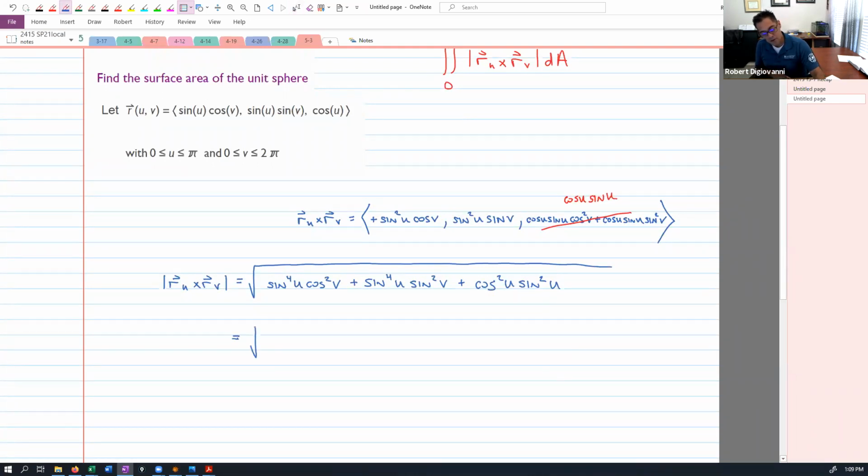And then I notice on my first two terms, they both have sine to the fourth u. So if I factor that out of just these two, I'm left with cosine squared v plus sine squared v, right? Which would be a 1. Go with me? So that leaves me with just the sine to the fourth u.